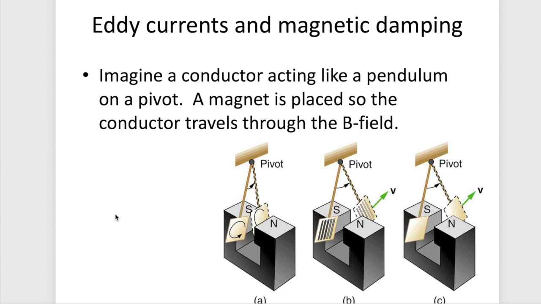With the magnetic mysteries, hopefully you have done some research on what's happening. I'll give you a little clue if you haven't: eddy currents and magnetic damping. Damping is something we're going to talk about later in our oscillatory motion chapter.